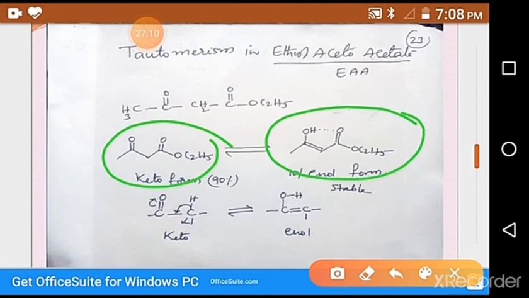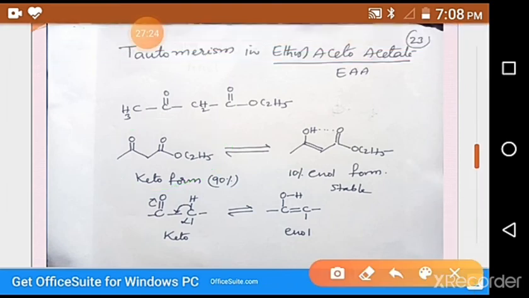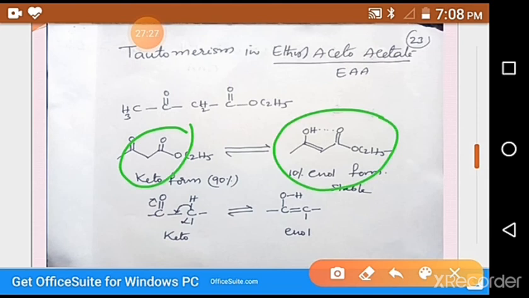So there is a shifting of a proton from the methylene group to the carbonyl oxygen. In this case, it is a keto form, and this is the enol form. The enol form is 10%, the keto form is 90%.